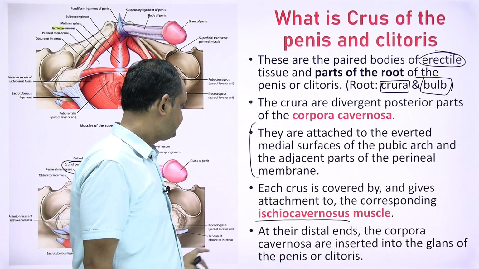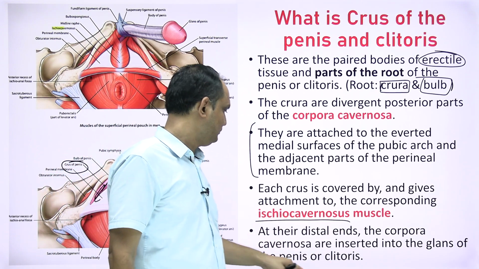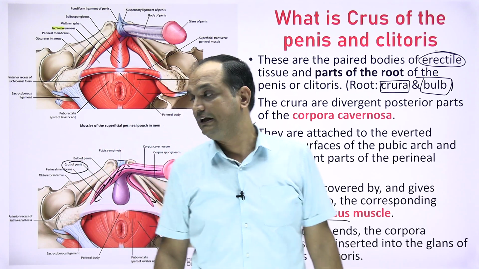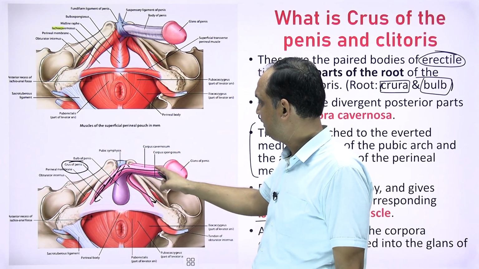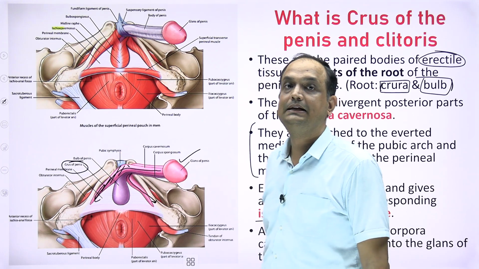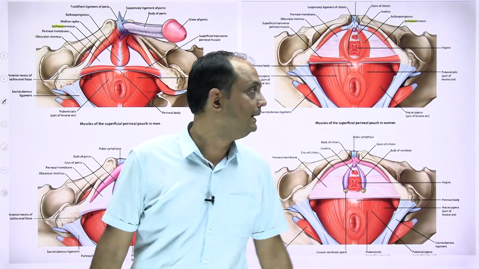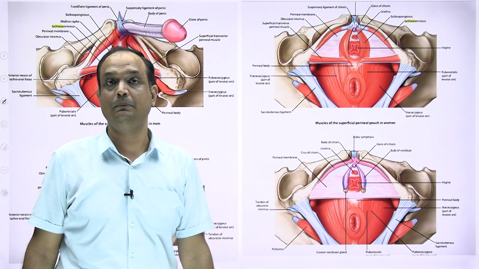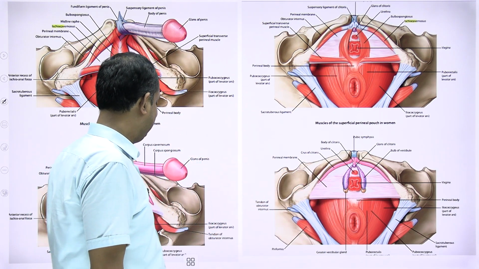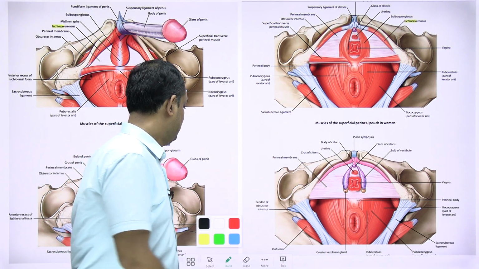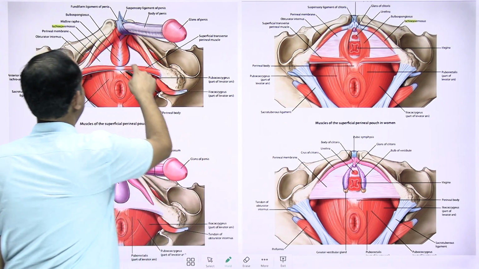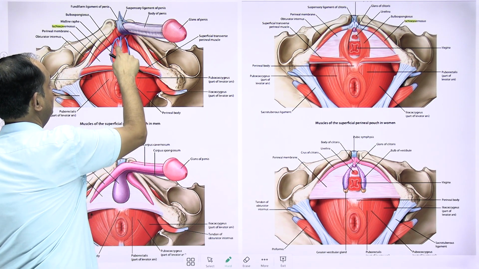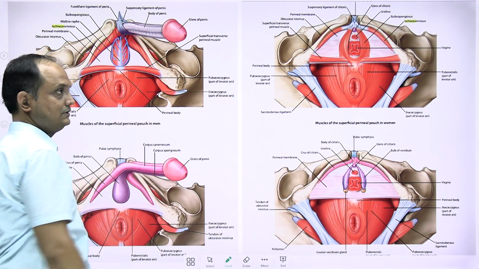So, at the distal end, the corpora cavernosa are inserted into the glans of the penis, which you can see. This corpora cavernosa will go and insert into the glans. Now, if you see the male and female perineal pouch, you will find that in the male, you have the bulb of penis which is covered by a pair of muscles known as bulbospongiosus.